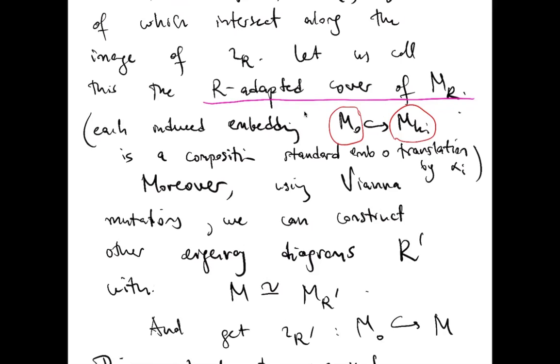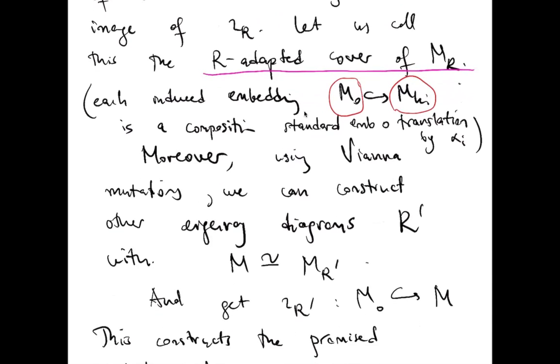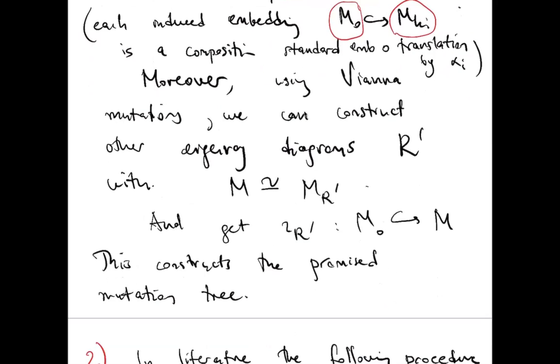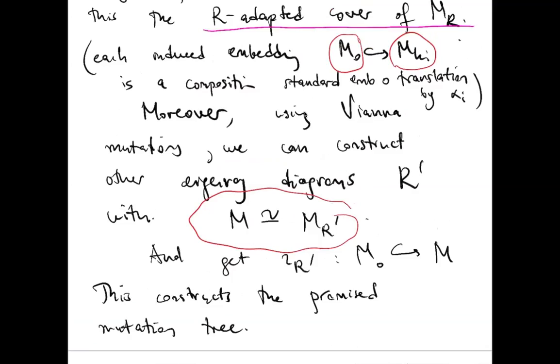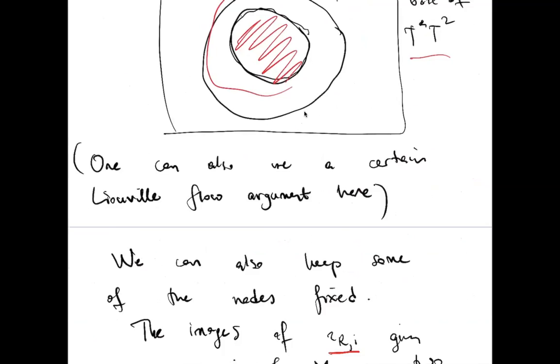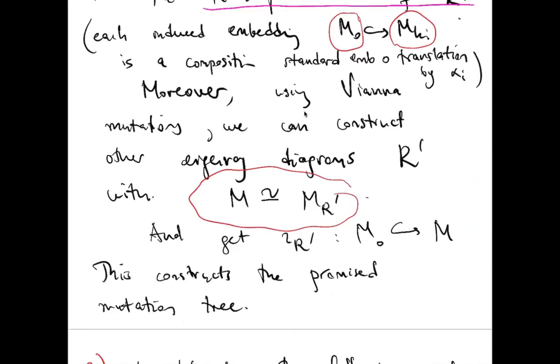And they all look like that up to some change of basis and translation. Using Vienna mutations, I can also obtain another isomorphism of M with a different eigenray diagram, and then I get all of these embeddings for that diagram as well. As you keep doing this procedure, it just reconstructs the cluster tree.